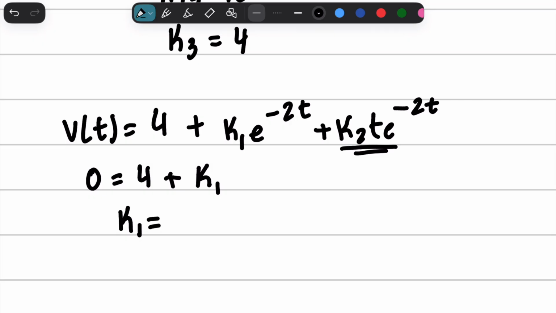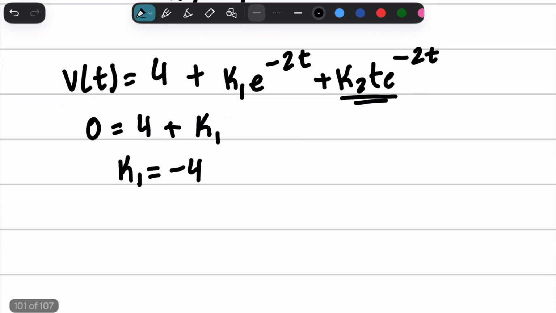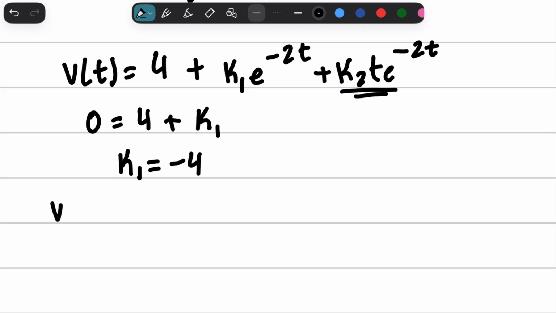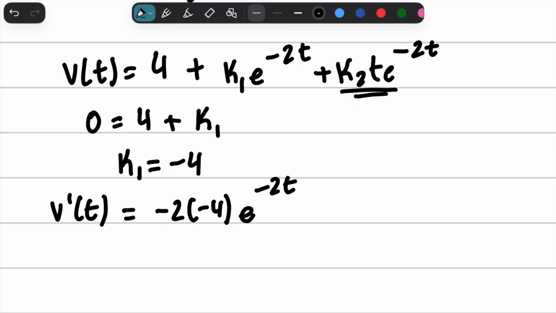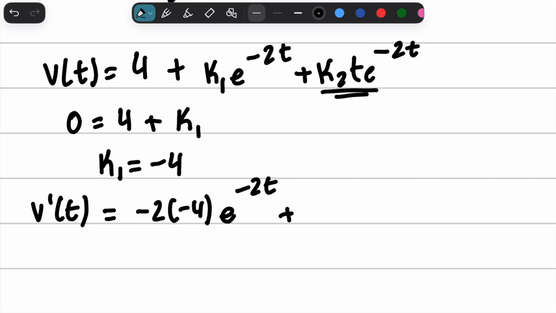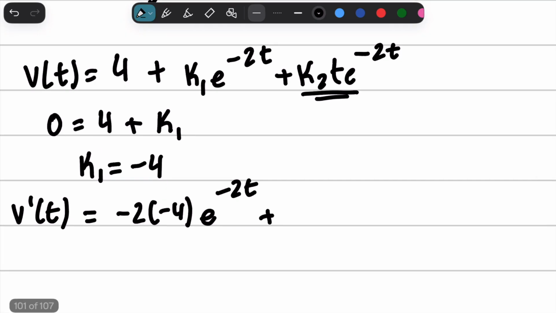and so K1 is equal to -4. And then we are going to find the v prime of t so that we can actually find K2, and we're going to get -2 K1, which is just -4, e to the -2t, plus we're going to have to use the product rule right here.